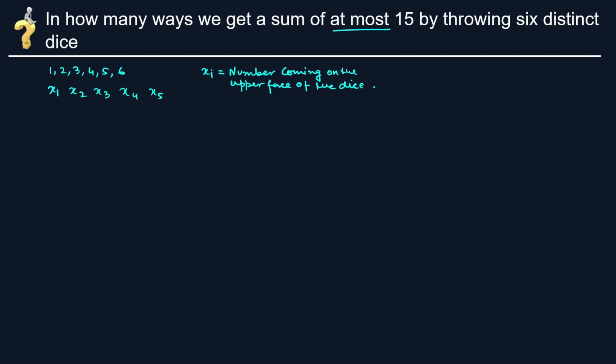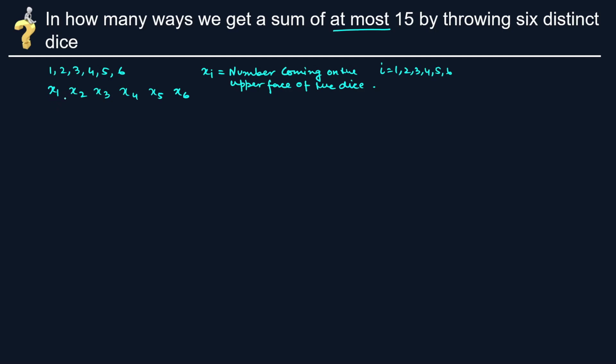So what are xi? Xi is basically, what is i? i is from 1, 2, 3, 4, 5, 6. So x1, x2, x3 till x6 are the numbers that are appearing on the upper face of the 6 dice.